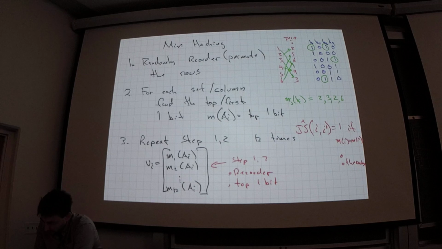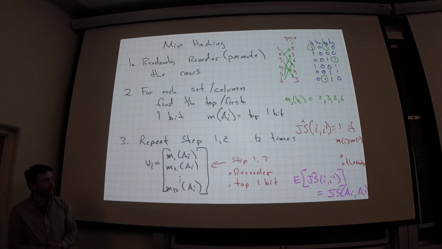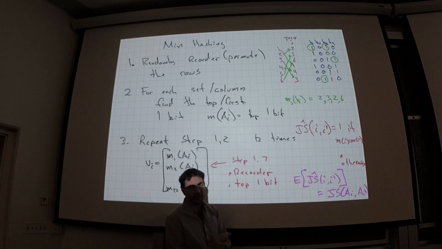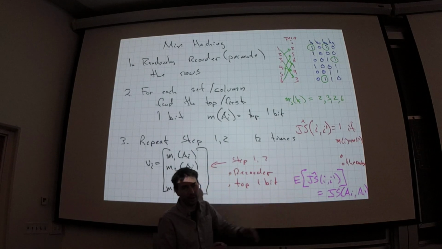But the main highlight here, and I'll expound on this on the next slide, is that the expected value of the Jaccard similarity between i and i prime is going to be exactly equal to the Jaccard similarity between Ai and Ai prime. So it's going to have exactly the right expected value. It's a crude estimate, either 0 or 1, but the expected value is right.